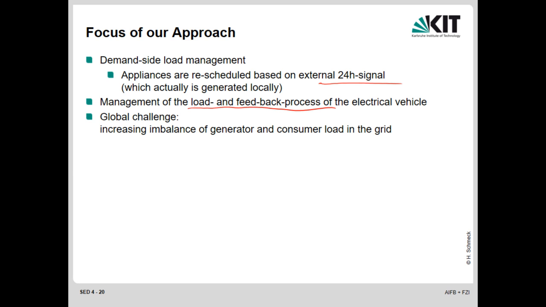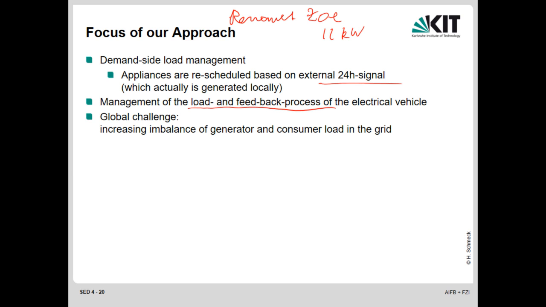For example, I didn't mention that before when I talked about electric vehicles, but the Renault Zoe can only be recharged with at least 11 kilowatt power. And a typical home doesn't have just a plug offering 11 kilowatt.